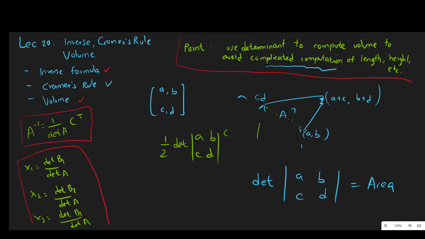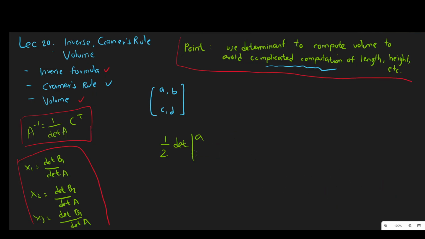There's a really neat formula in the book, so I'll just give it here as well. Let's say you are given x1, y1, x2, y2, x3, y3.